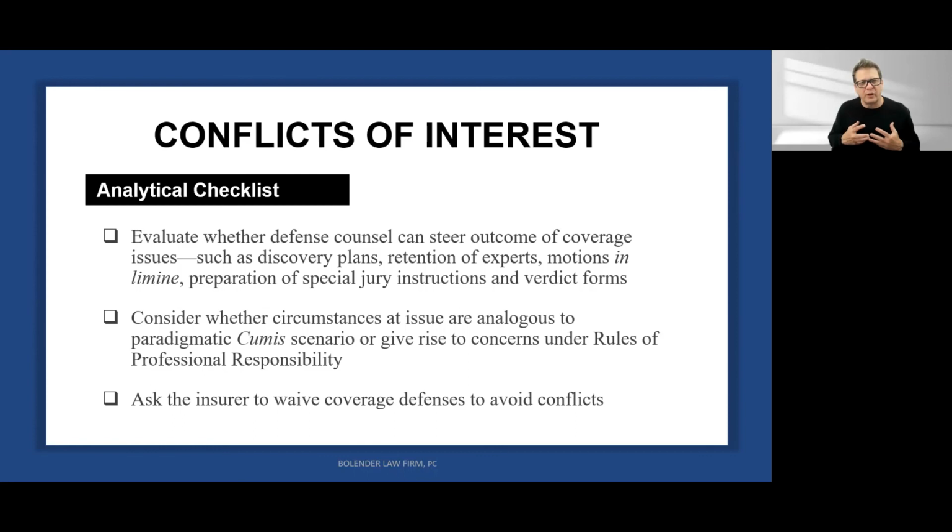And that really is going to usually be whether there is an overlap between a factual issue in the litigation and a coverage issue that the insurance company has reserved rights on.